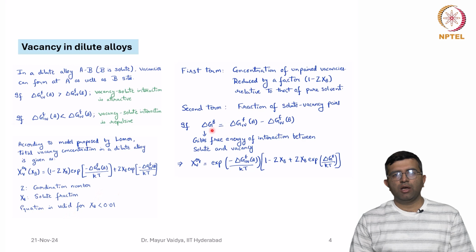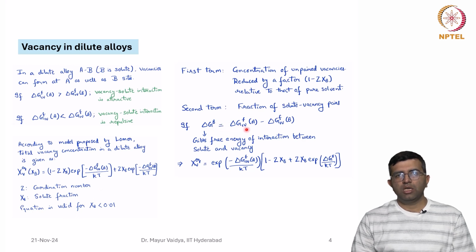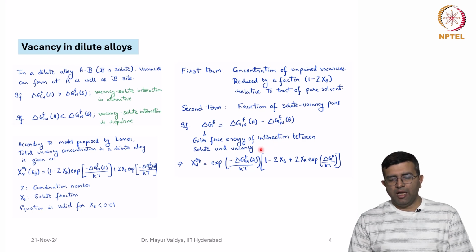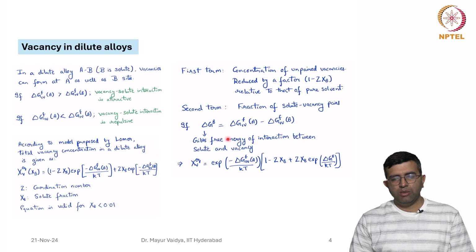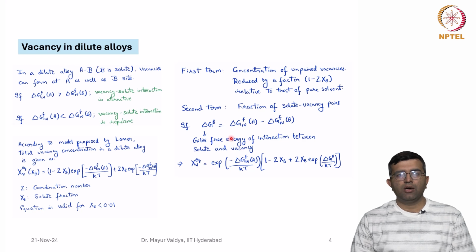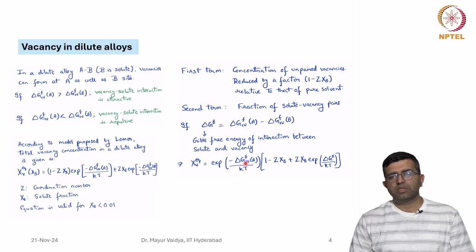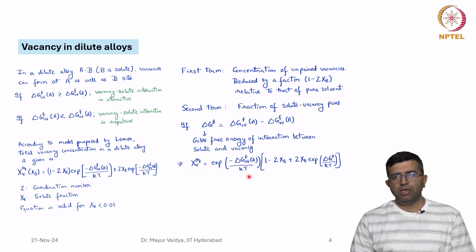So if we write delta GB is equal to delta G 1V of A minus delta G 1V of B, where delta GB is nothing but the Gibbs free energy of interaction between the solute and vacancy, then with some mathematical rearrangement we can write xV equilibrium as exponential of minus delta G 1V A divided by KT.